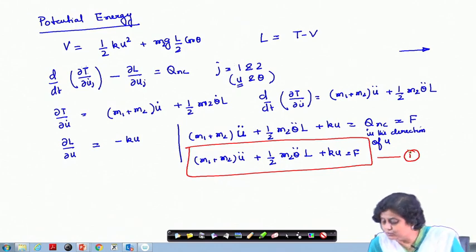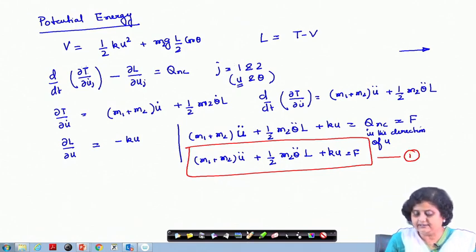Similarly, you can do the derivation for the other degree of freedom.